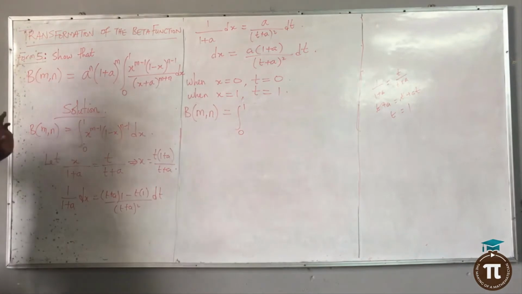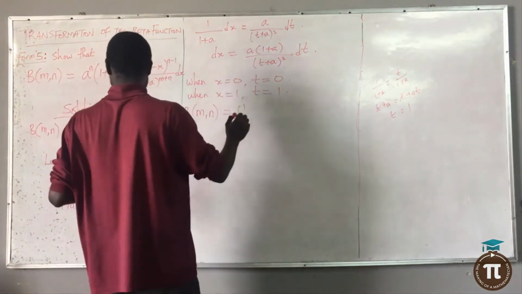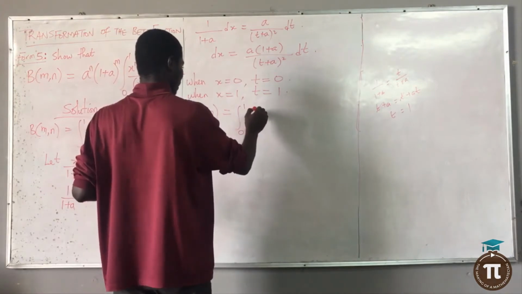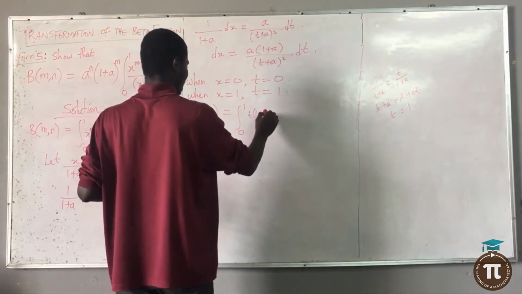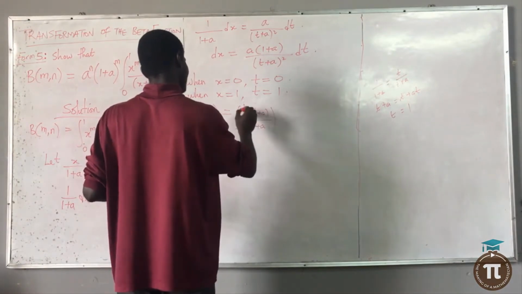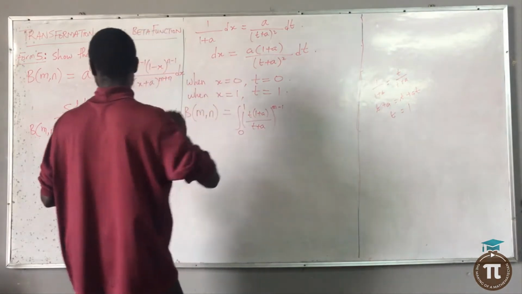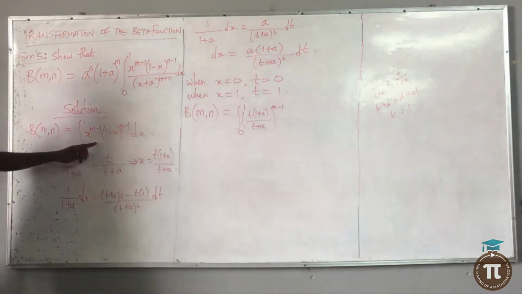That's what you are going to have. So s is t times 1 plus a all over t plus a, everything raised to the power of m minus 1.